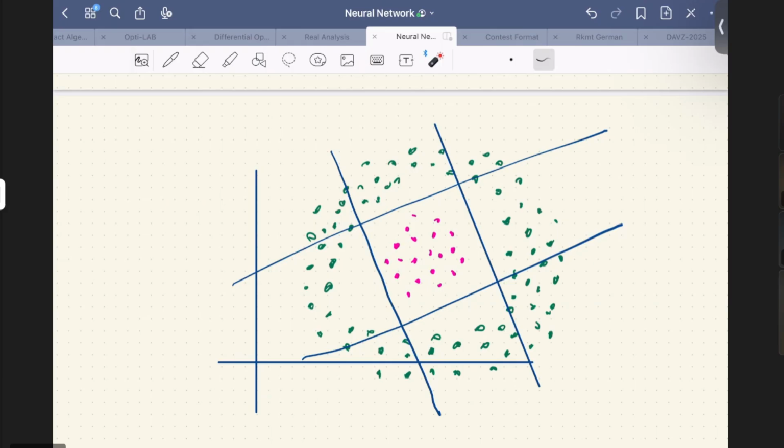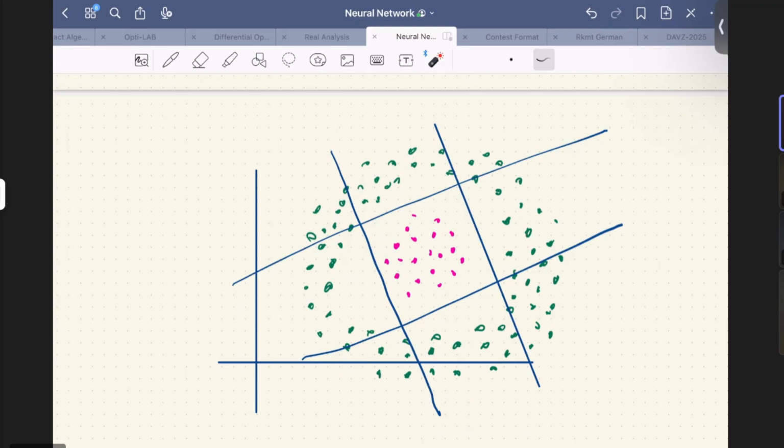Yes, because if we divide a region into positive and negative, each neuron will separate out the positive side and the negative side. So four neurons could separate this one.